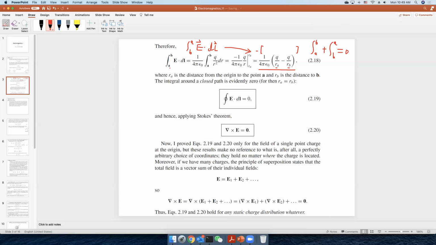So this is the integral of A to B. This is the integral of B to A. It should be 0. So an integral from A to B, then B to A means you have done a circular integral.